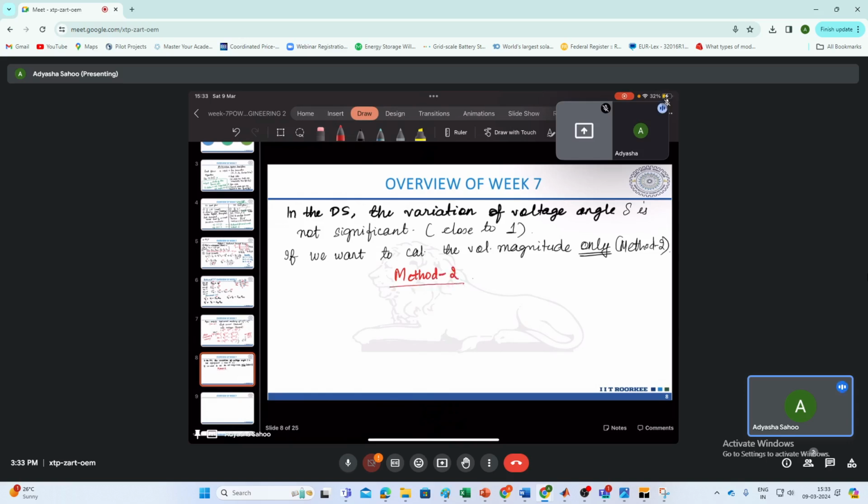So let's see one generalized case, a small one. Let's say the voltage is V1 here, and this is V2 here, with angles delta 1, delta 2.